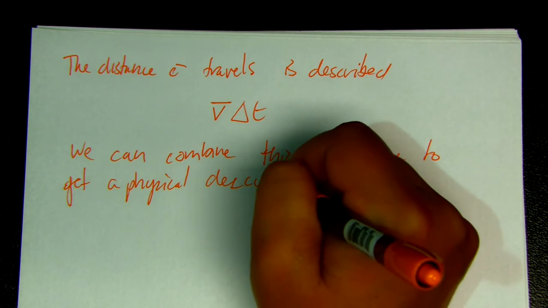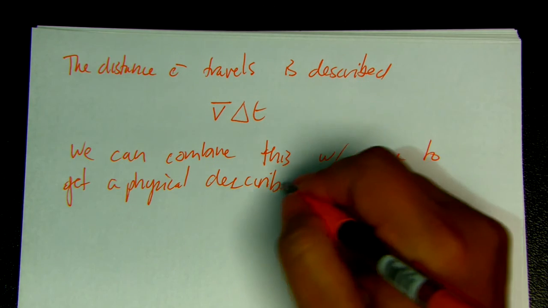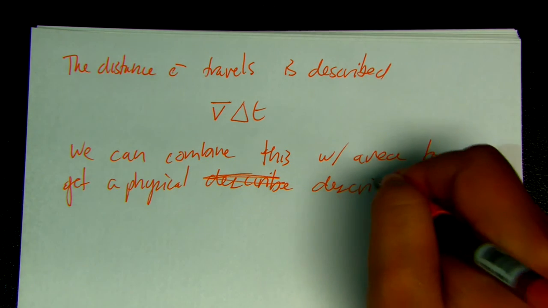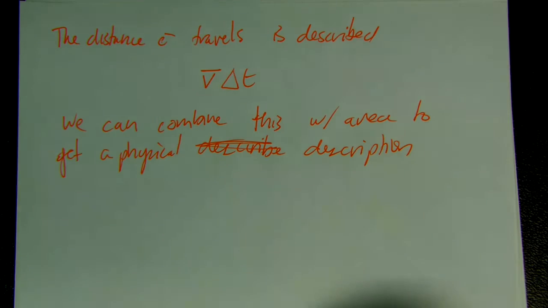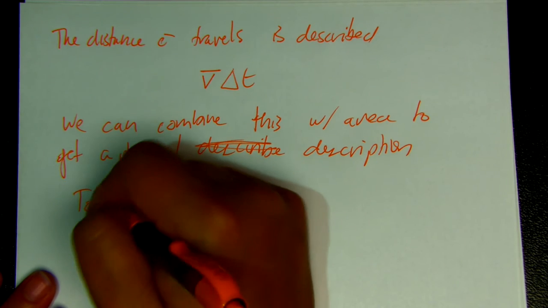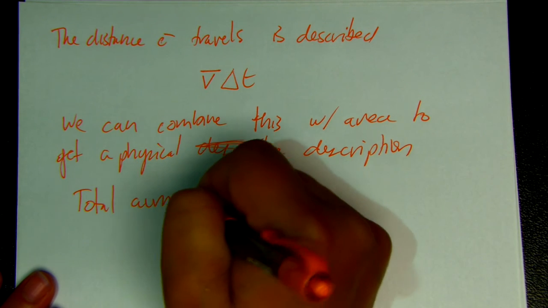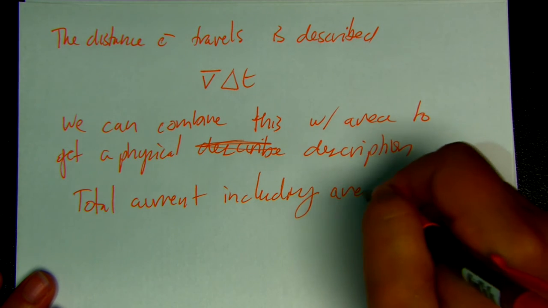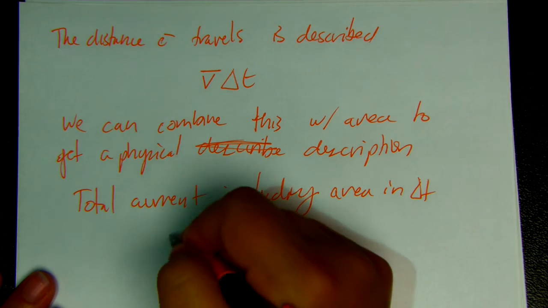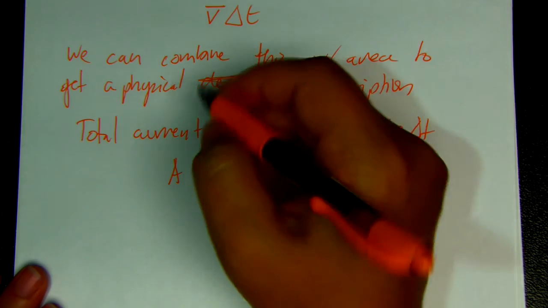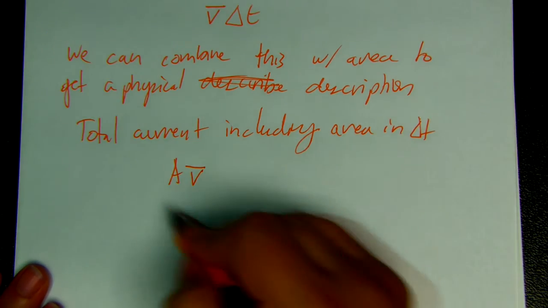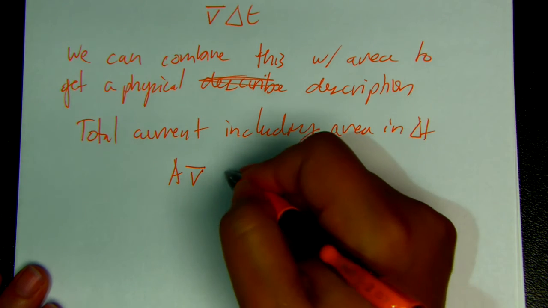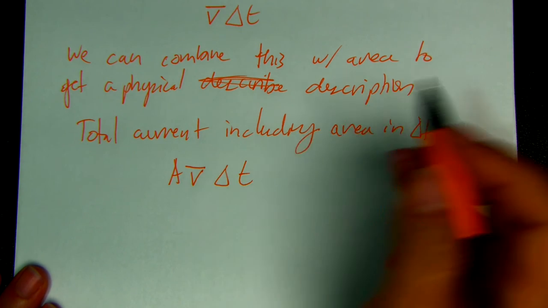Because after all, we're going to move current through different types of wires, and so we need to bring that into our formulation. All right, so the total in delta t is the area in meters squared times the drift speed in meters per second times delta t.